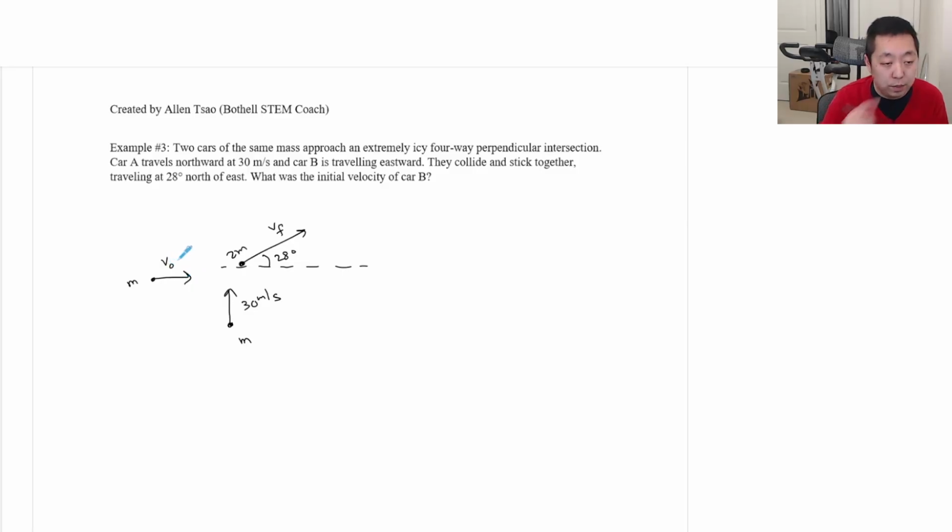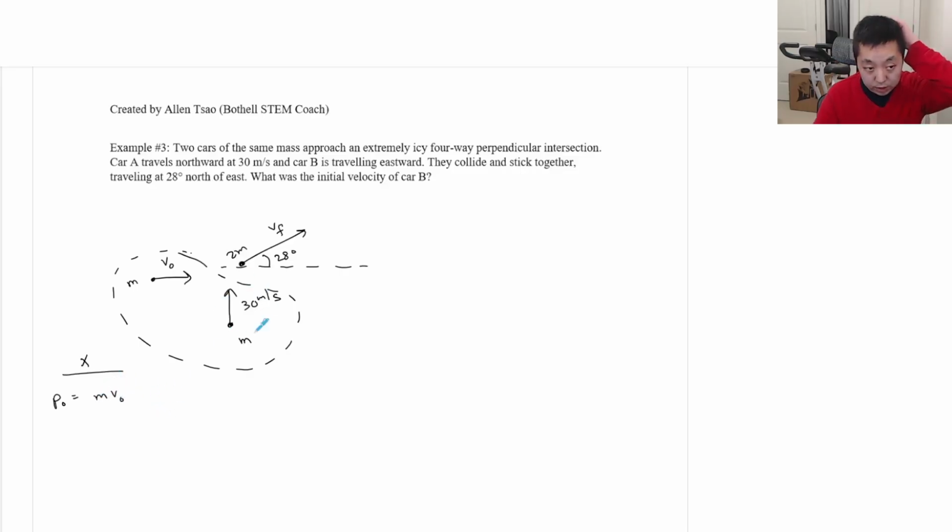We'll call this v0. Okay, so let's take a look. Again, it feels like you don't have enough information. Don't I need to know the speed of one of them? But let's just apply the principles, right? So in the initial direction, in the x direction, if we include these two guys in the same system, the horizontal momentum is just this guy, mv0, because this guy doesn't have any horizontal velocity.